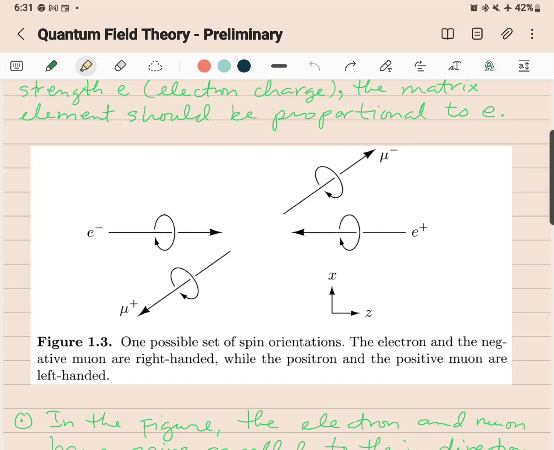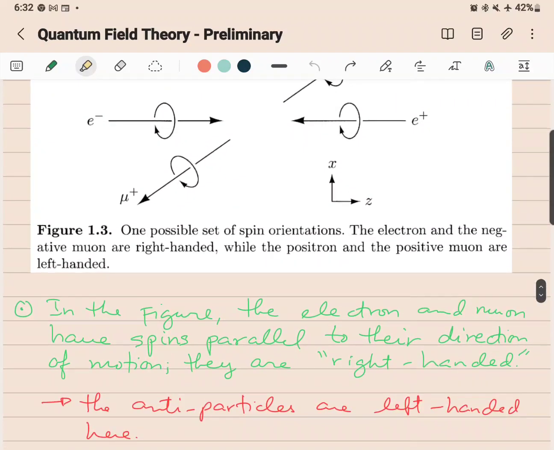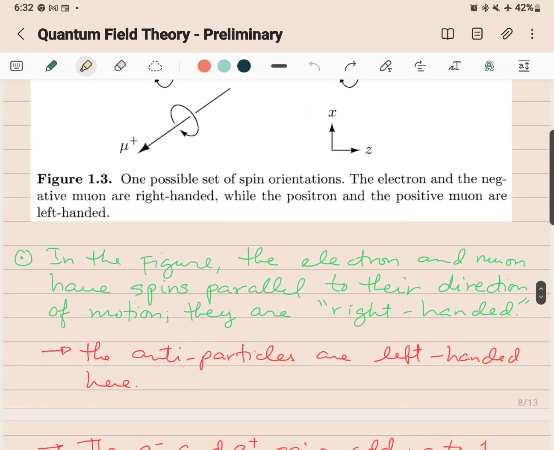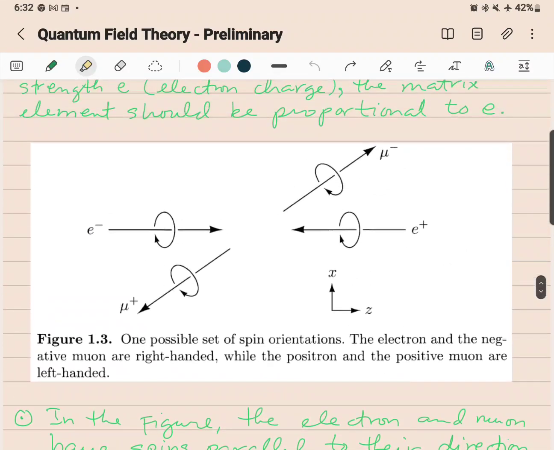So here, if you use the right hand, the electron and the mu minus are right-handed. The thumb is pointing in the direction of the beam, and the positron and the positive mu are left-handed. This means that the direction of your right thumb is opposite to the direction of the beam. So in the figure, the electron and mu have spins parallel to their direction of motion. They are right-handed, and the antiparticles we call left-handed.